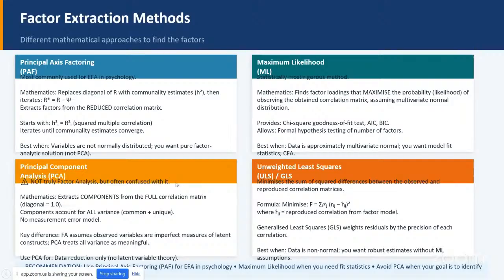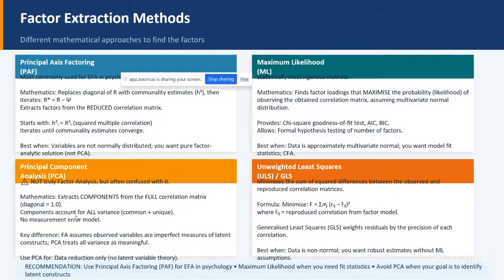These are the confusions among the students, so I will explain this so that you don't get confused. PCA extracts the components from the full correlation matrix, that is the initial R, not that R star, where the diagonals are 1.